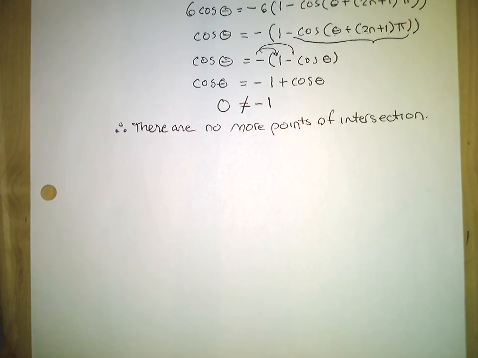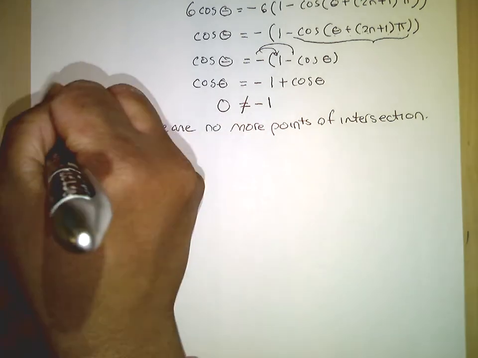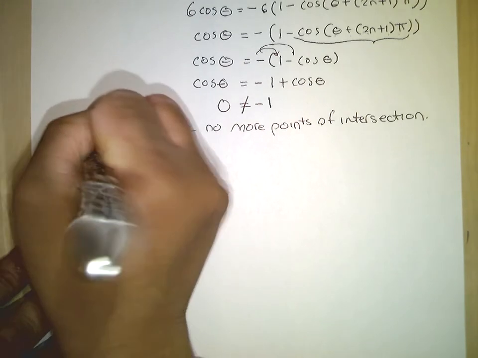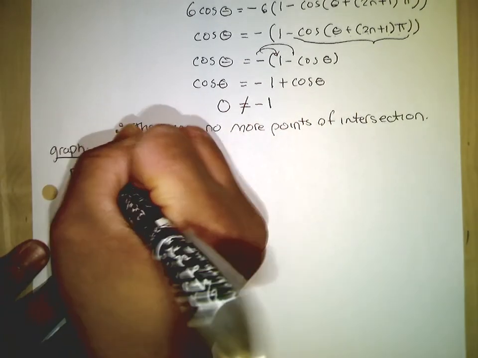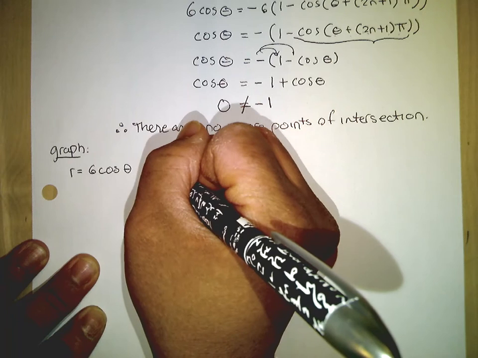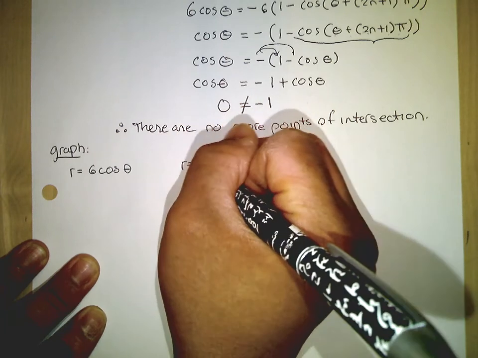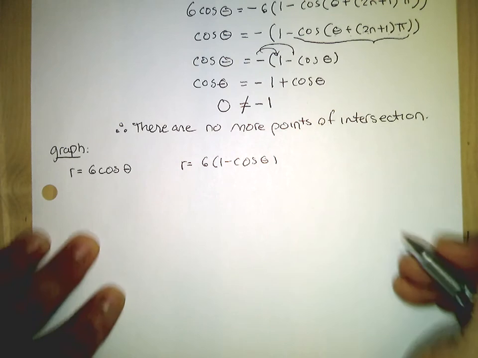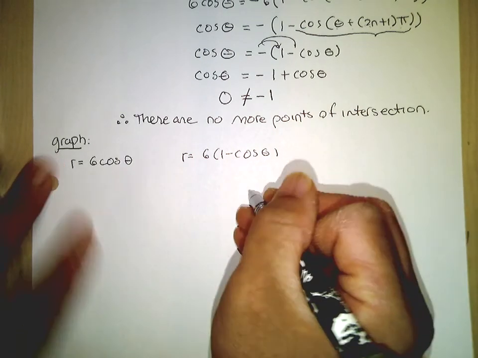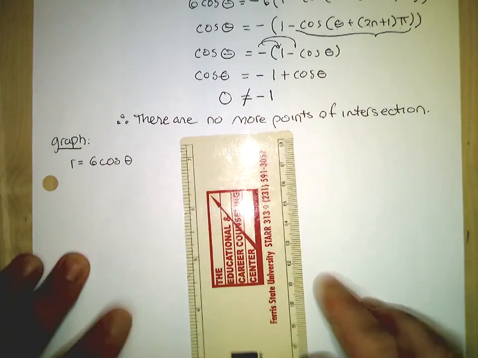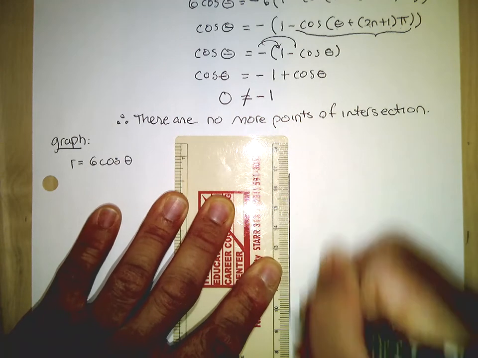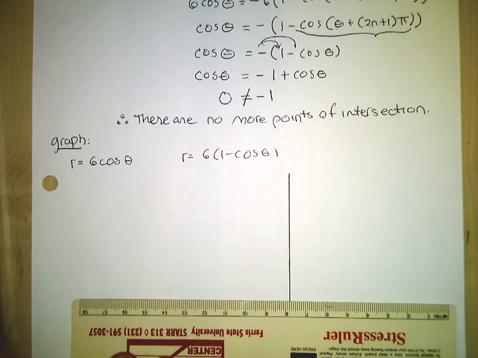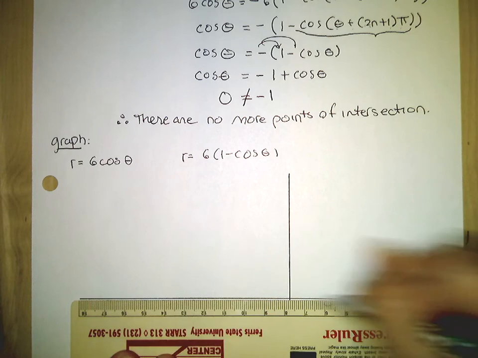All right, so now let's go ahead and graph this here. So r equals 6 cosine of theta, and r is 6 times 1 minus cosine of theta. So let's see, I'll draw the axes right here. I'll try to draw it as nicely as possible for you. I can't guarantee anything here, though.